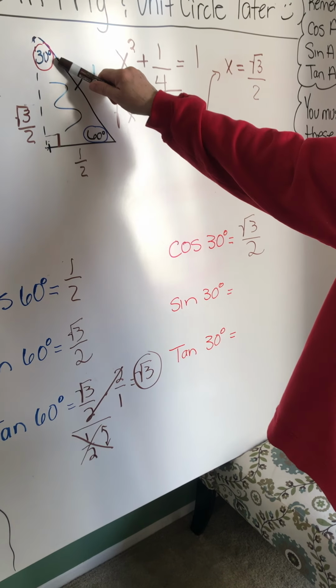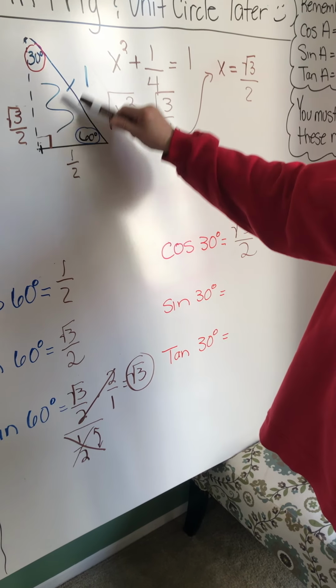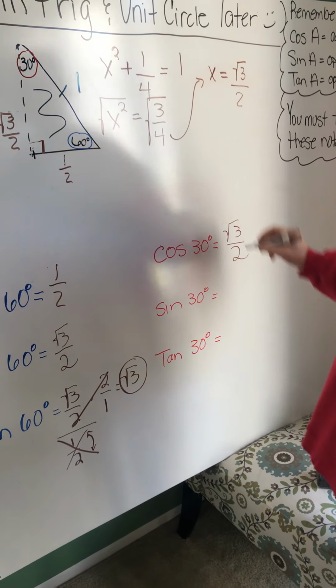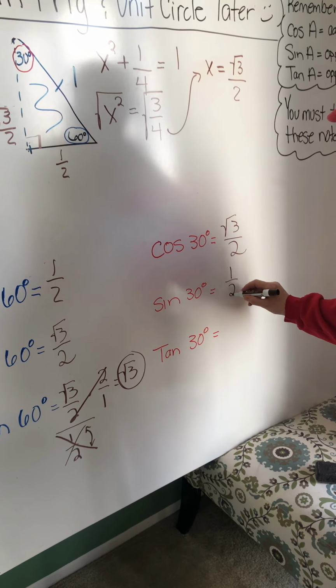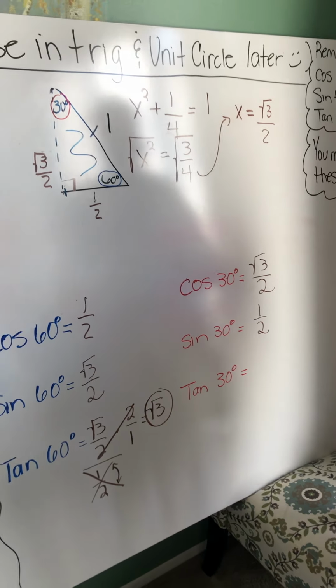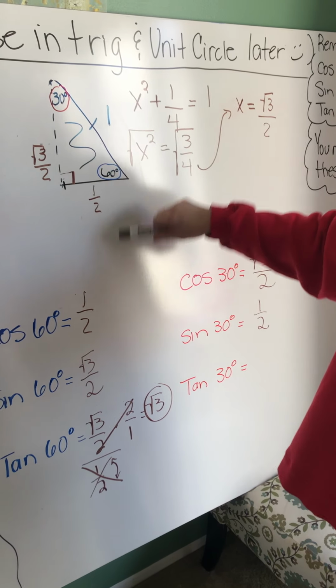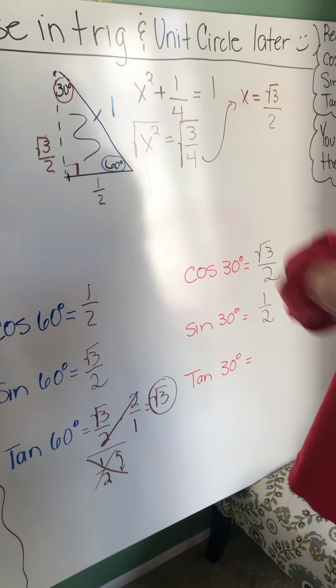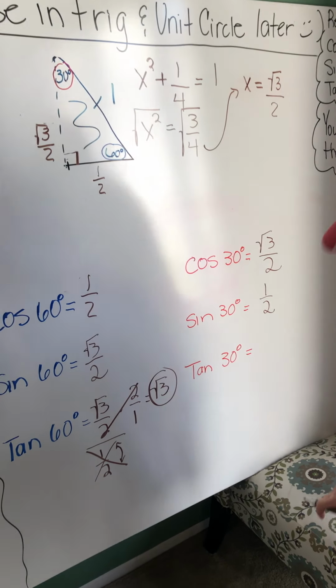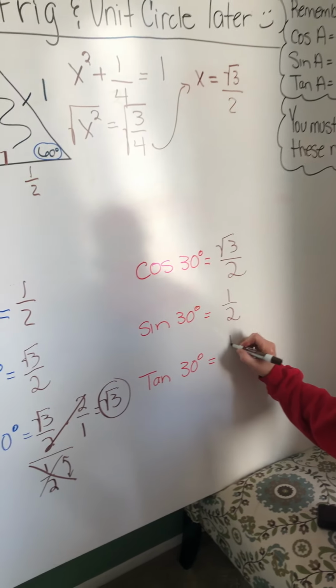Sine of 30 degrees would be opposite over hypotenuse, which would be 1/2. Tangent is the hardest one. That would be opposite over adjacent. In this case, it'll be 1/2 divided by the square root of 3/2. That's going to take us a little bit of work.